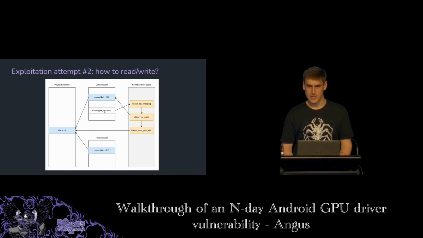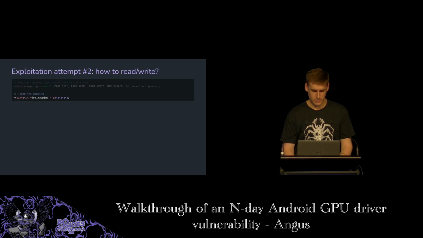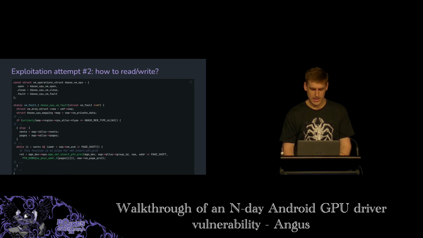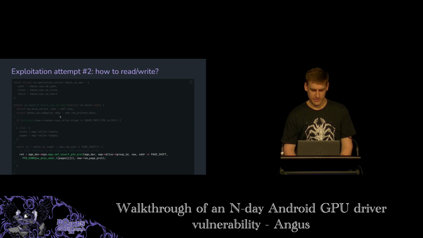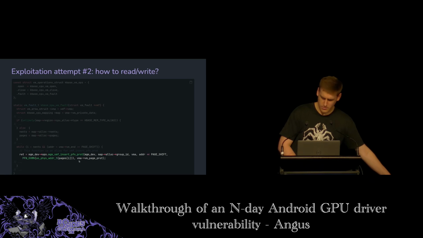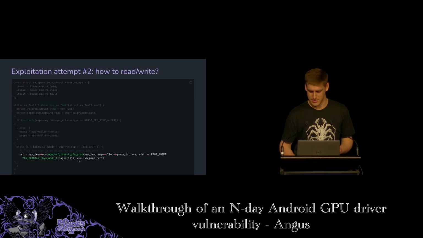Then when the user goes to touch it for the first time, using code like this, we just go and write to that new mapping. What's going to happen is inside the kernel, it's going to look for the fault handler for that specific page. And the fault handler function is going to call this insert pfn prot function, which just unconditionally adds it to our address space.